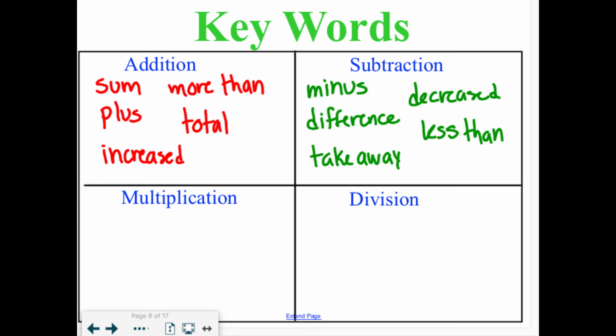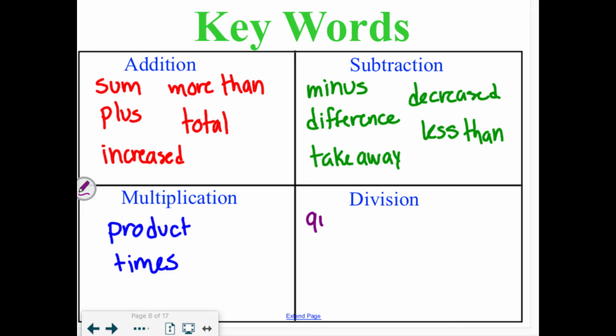Multiplication, one key word that we need to remember is product. Another one would be times. Multiplication doesn't have quite as many as the other ones. You'll see that on the poster in my classroom as well. But those are the two big ones that we need to cover.